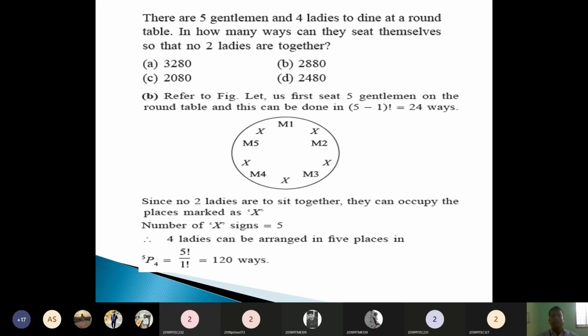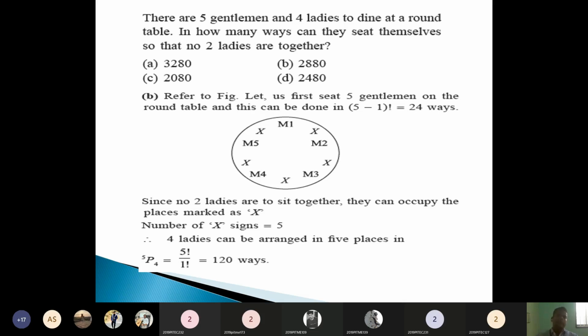In between only you have to allocate the places of x. So how many x's are there? Totally 5 places can be occupied by the 4 ladies. In the x places, you can allocate the 4 ladies. Hence, they will not be seated together, and there will be no 2 ladies together.